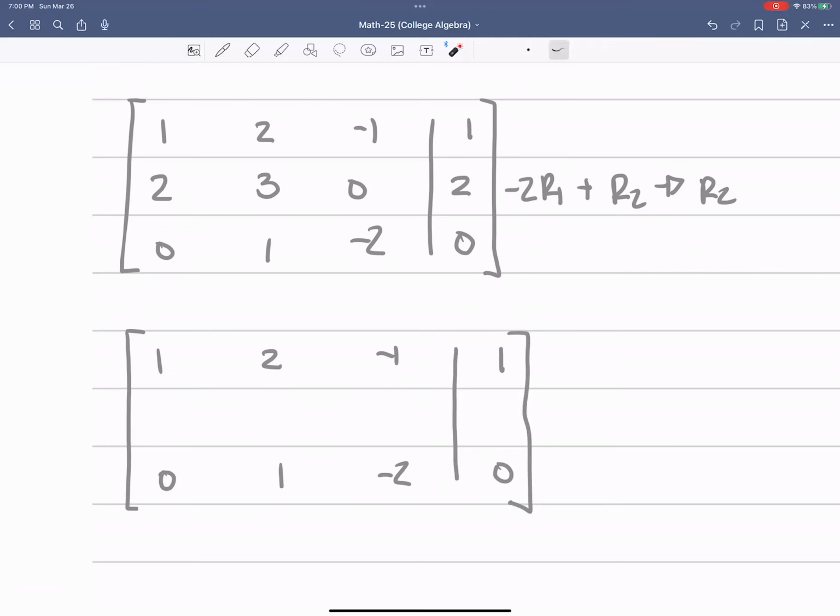All right, so row 1 times -2. So we have 1 times -2 is -2. -2 plus 2 is 0. And now 2. 2 times -2 is a -4. -4 plus 3 is a -1.